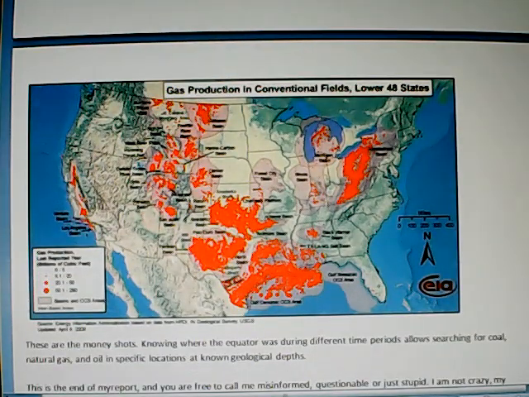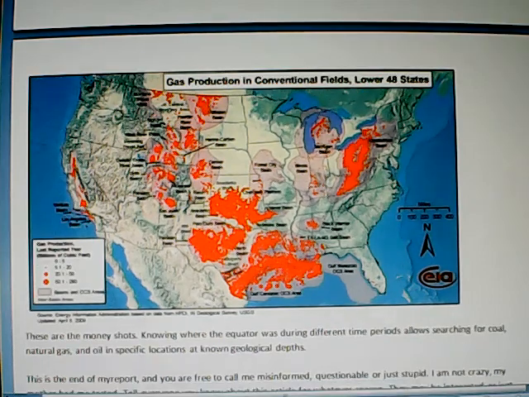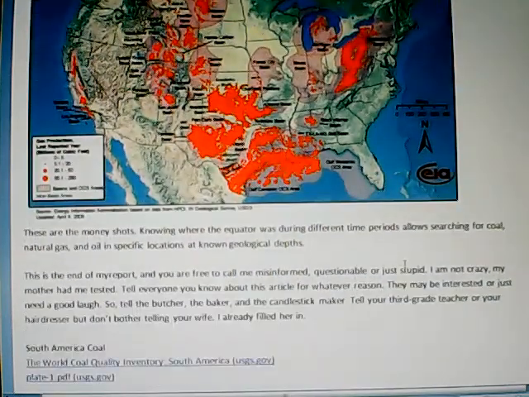And another, gas production in conventional fields. If you know where the equator was during the different time periods, it allows searching for coal, natural gas, and oil in specific locations at known geological depths.